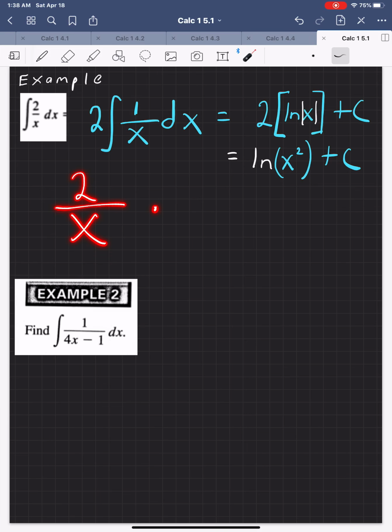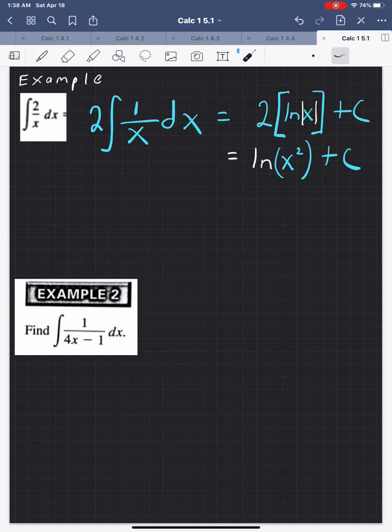There are no stipulations that x can't be negative numbers. The only thing x cannot be is 0. But when you integrate 2 over x, with that answer ln of x, you cannot plug in negative values inside of your ln. You can try it: take ln of negative 2 on your calculator, you'll get an error.